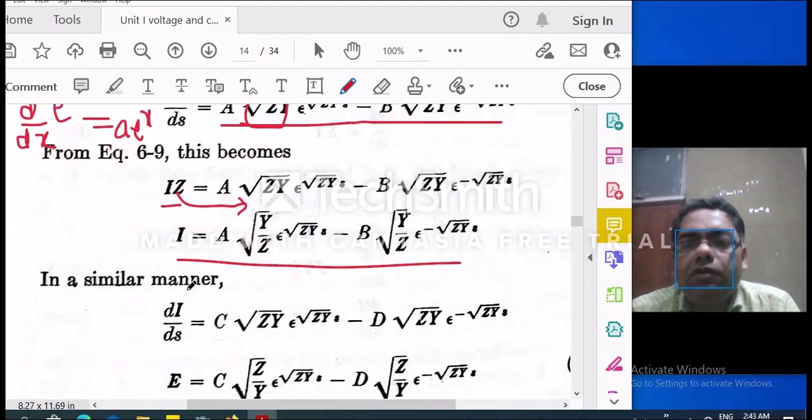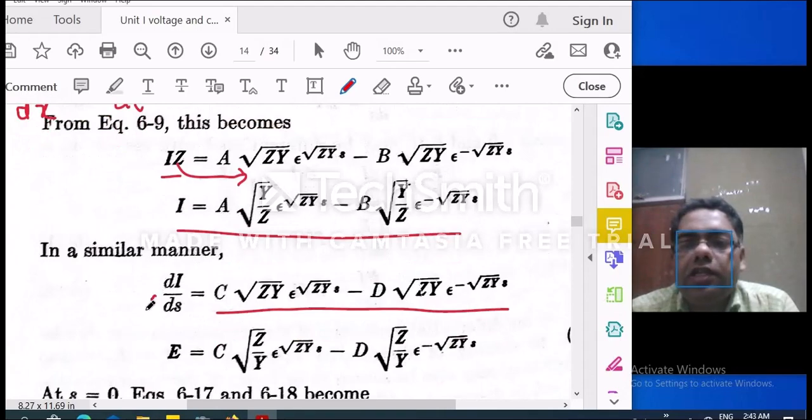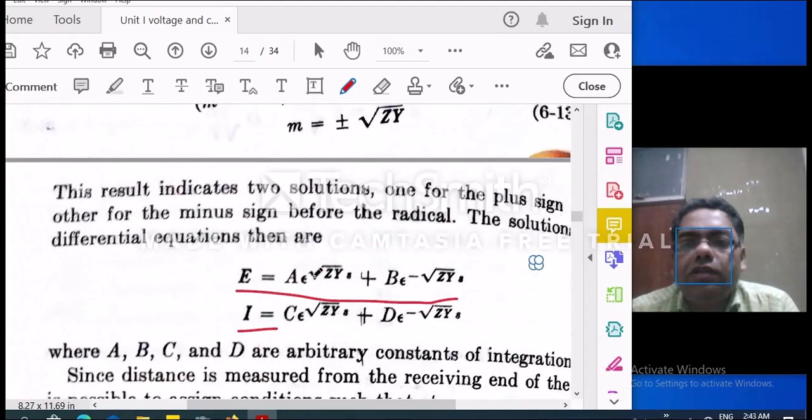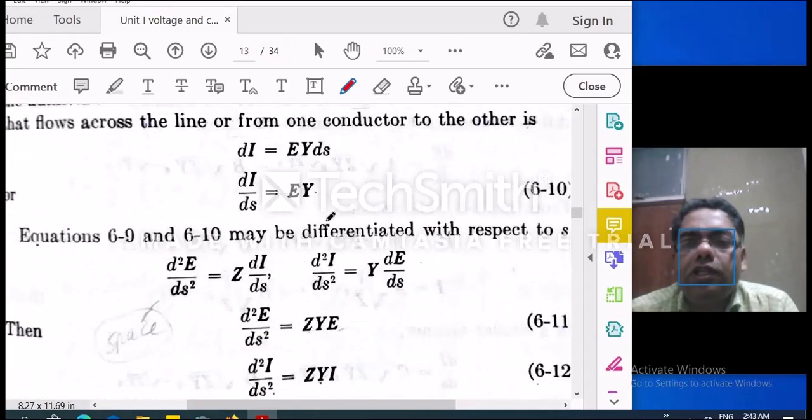In the same way, this expression of I, we do dI by dS. So if I do dI by dS, I will get like this. Now dI by dS is EY.